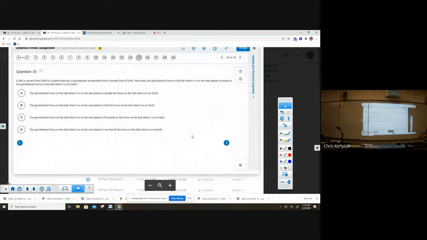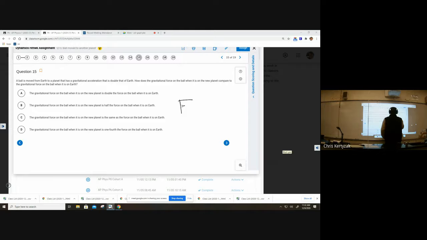A ball is moved from Earth to a planet that has gravitational acceleration that is double that of Earth. There's twice as much gravity on some planet out there. How does the gravity force on the ball when it's on this new planet compare to the gravity force on the ball when it's on Earth? The gravity force, known as the weight of an object in magnitude, is equal to m times g.